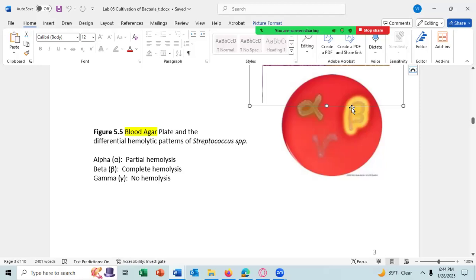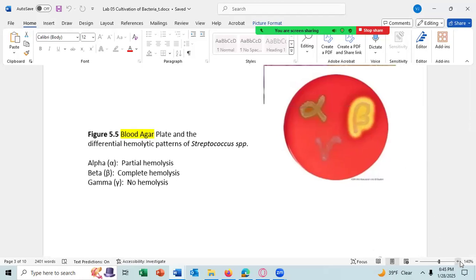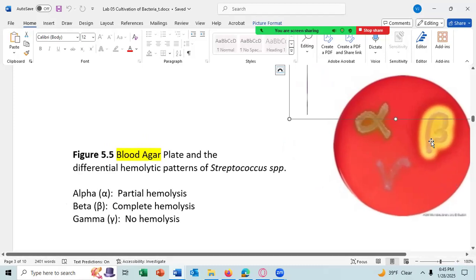You can have beta hemolysis, shown here. The B, or the beta, is where the bacteria are growing, and that is really a white growth there. The clear region around the beta and inside the beta is where all of the bacteria have lysed the red blood cells.